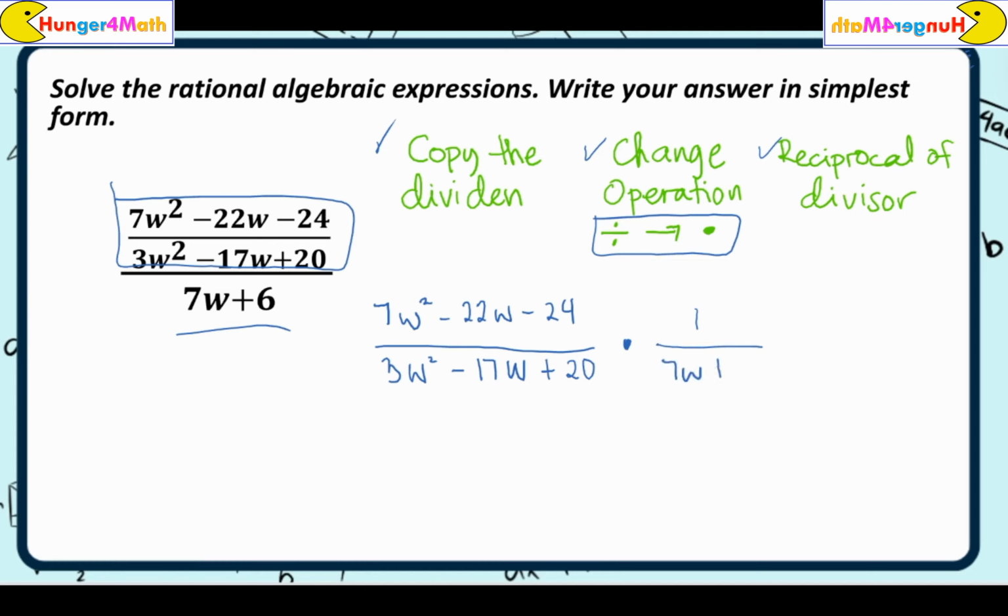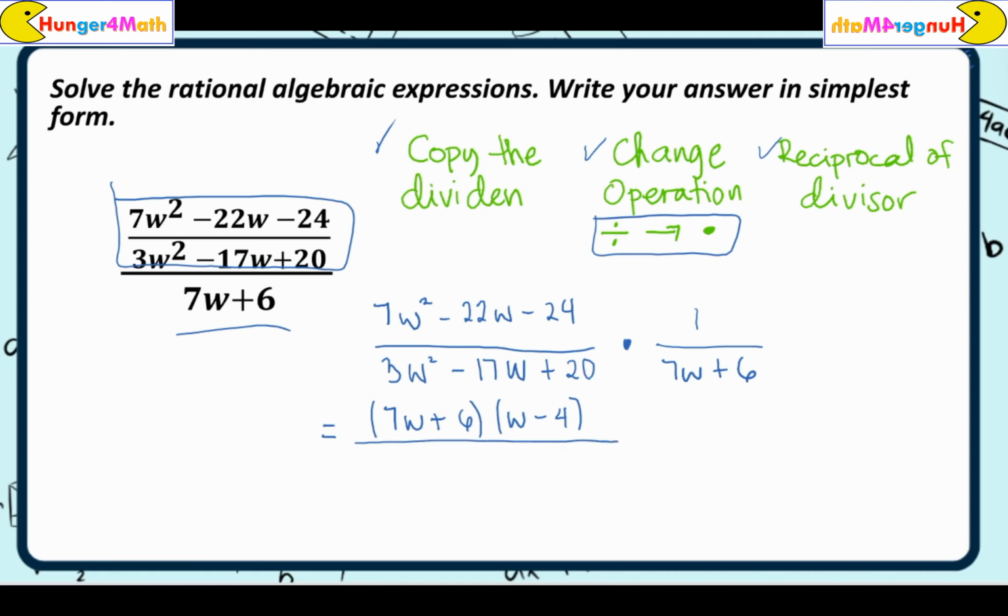Now it's time to factor the expression. So from the 7w squared minus 22w minus 24, it is factorable using the diamond method. And factors are 7w plus 6 and w minus 4.